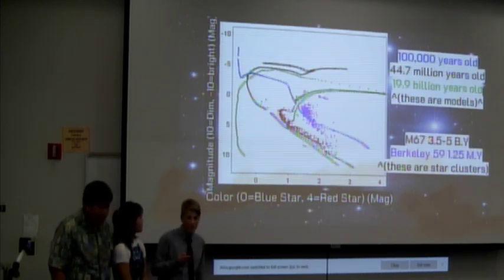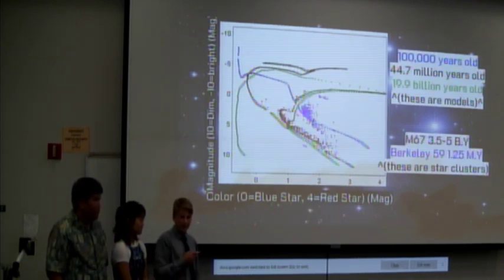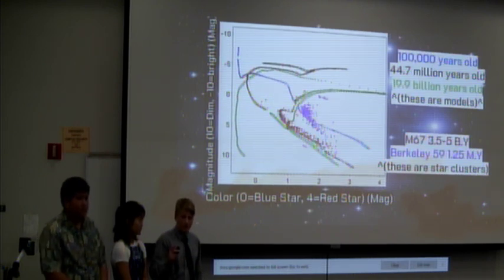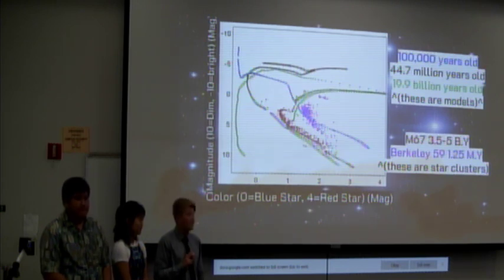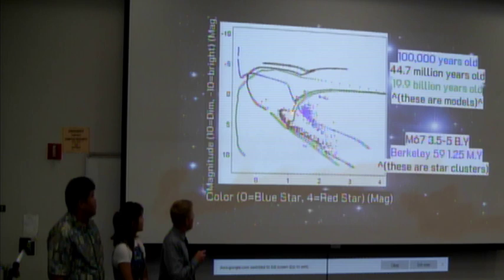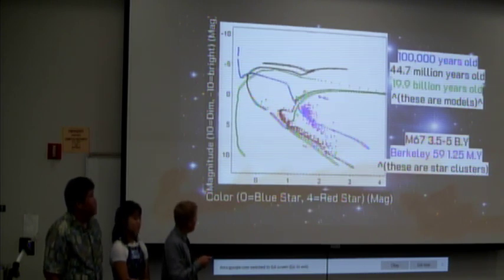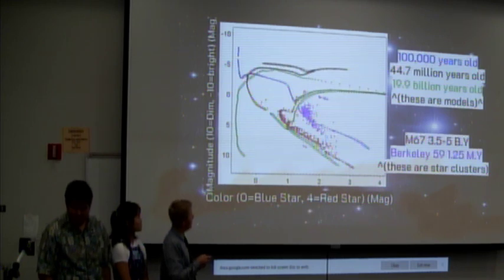And what an isochrone is, it's a graph where a line would be drawn through stars with the same age but various masses. So the green isochrone would be 19.9 stars that are 19.9 billion years old. The black isochrone is 44.7 billion years old, and the blue isochrone would be 100,000 years old.